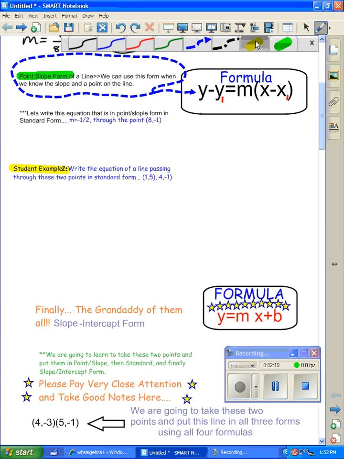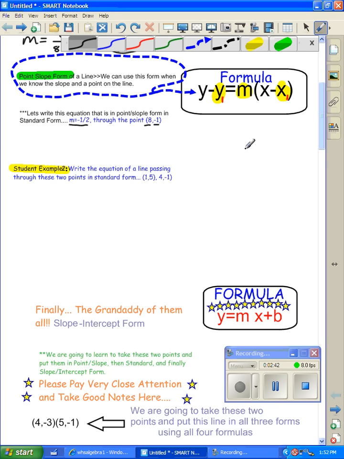I'm now going to highlight all the areas where you'll be plugging in an actual number. Okay? So let's real quickly do that right here in my first little example. Let's write this equation that is in point slope form and standard form. Okay, so what we're going to do is, there's my m, and there will be my x and my y, my x1 and my y1.